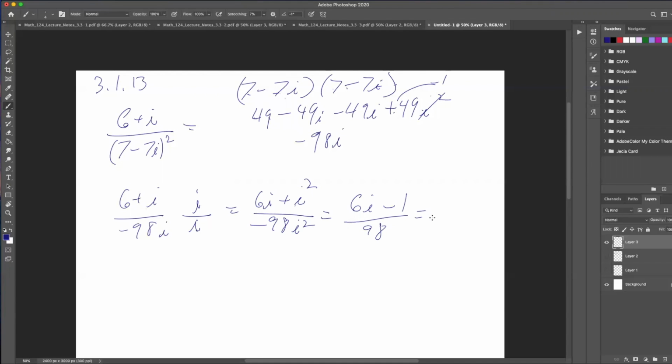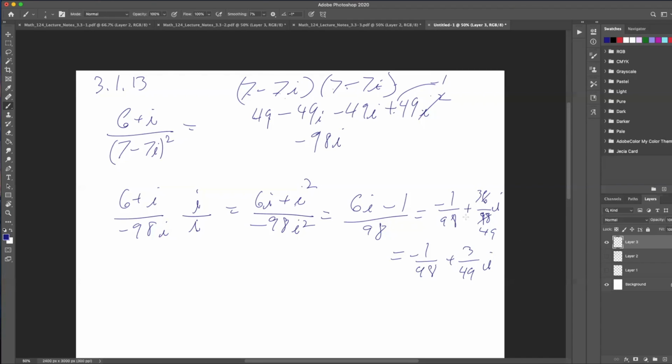Okay, and then from here, I can simplify by having negative 1 over 98, and then I'll have plus 6 over 98i. And then your computer wants you to simplify it as much as possible. Here, I can simplify by removing a 2. So it'll be 49 plus, I remove a 2, this becomes 3. So 3 over 49i.